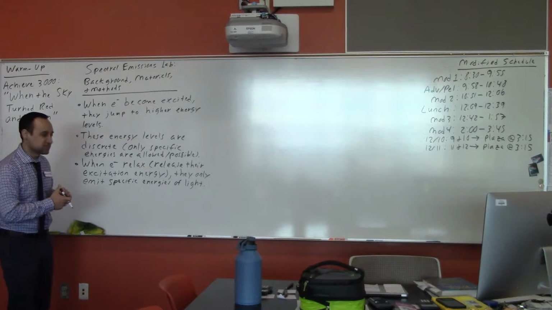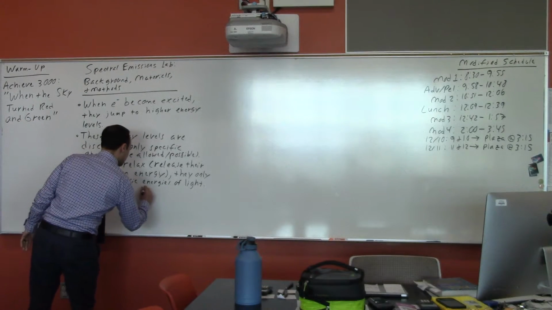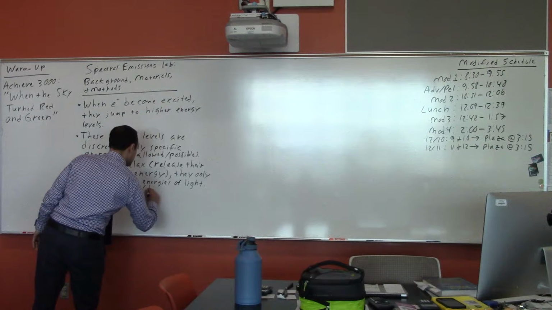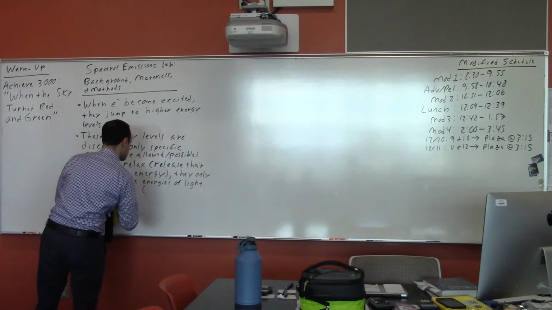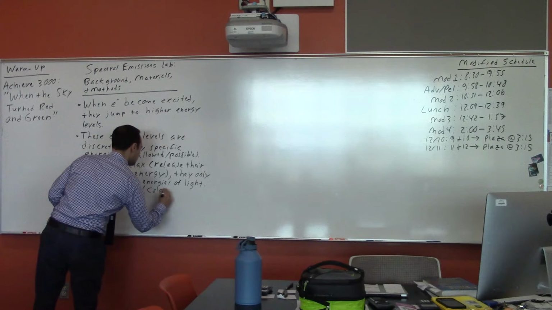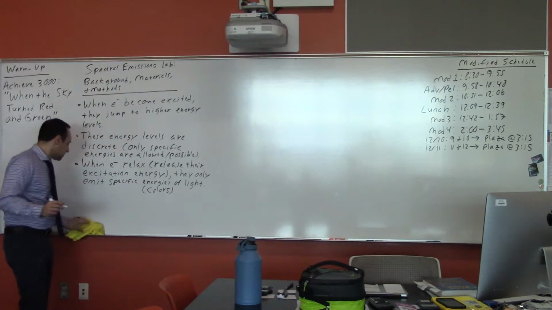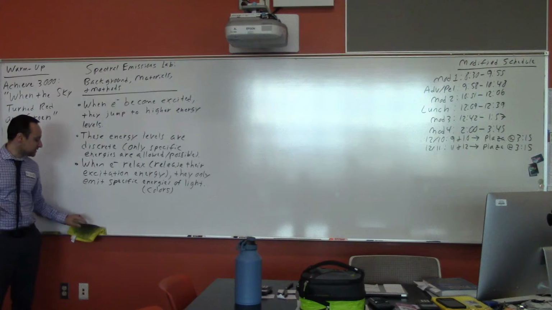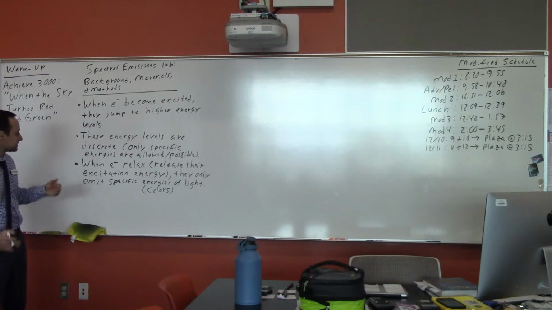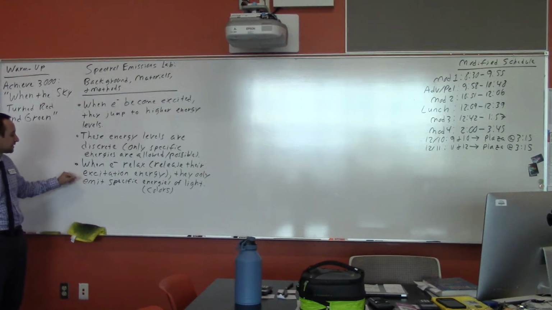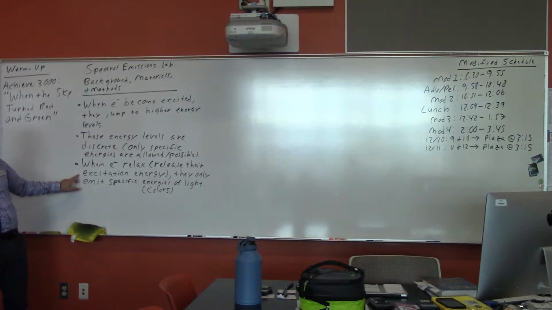So the different energies of light correspond within the visible spectrum to colors, okay? In physics, you'll learn that those colors correspond to particular frequencies of light and wavelengths, okay? Frequency and wavelength are related. So, when electrons relax, release their excitation energy, they only emit specific energies of light.